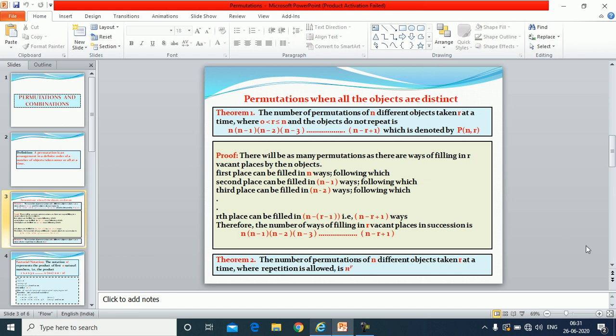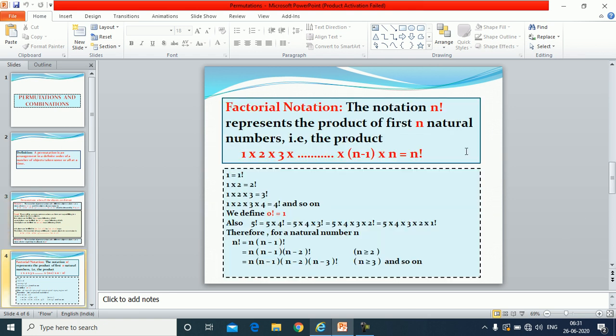Keeping that in mind, a new term we can explore is factorial notation. The notation is denoted like this, n with an exclamation mark. This is the expression for factorial.